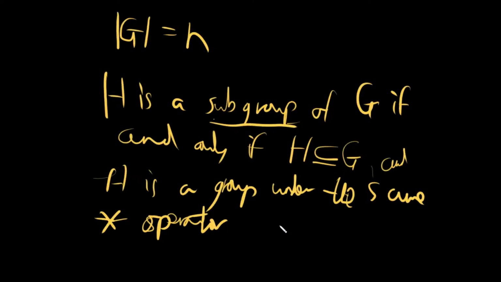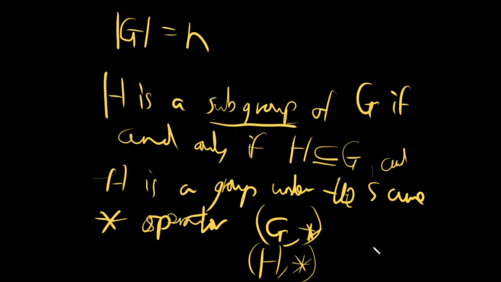So if G star is a group, H with the same star operator is a subgroup, and the way that we write that would be H is contained in G. So there we have the notion of a subgroup.